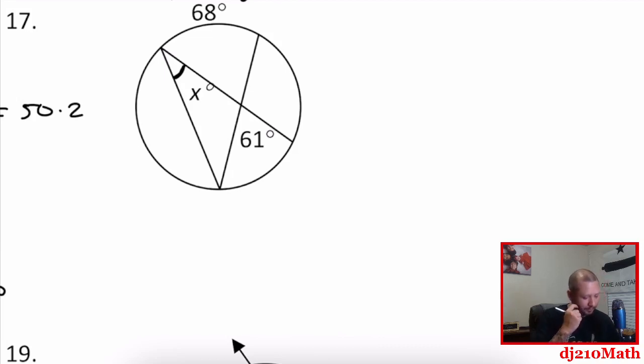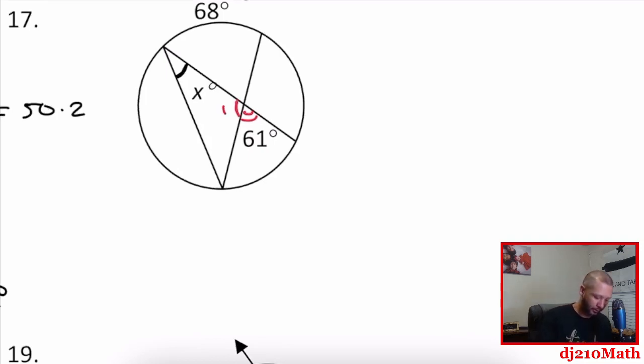The first one that pops out at me is the red angle. If this side is 61, the single red slash is going to be supplementary, meaning it adds up to 180. So 180 minus 61 is 119. So this is 119.